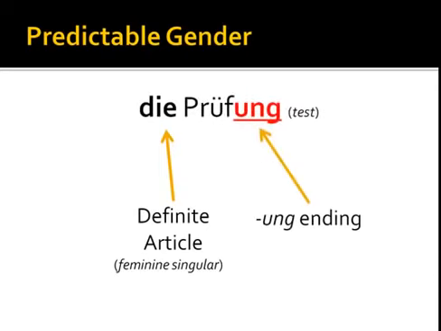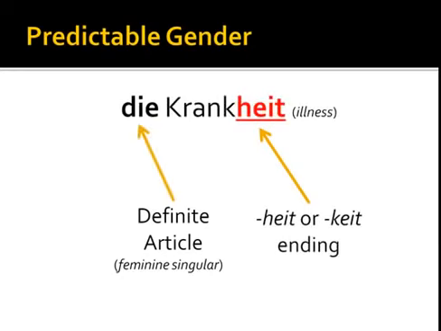Same thing with -ung endings. If you ever see a noun that has an -ung ending, this noun will always be feminine singular. Same thing with nouns that end in -heit or -keit. Die Krankheit, the illness. This will always be a feminine singular noun.